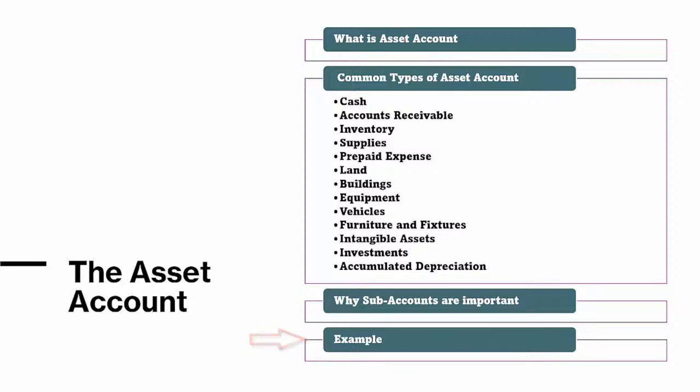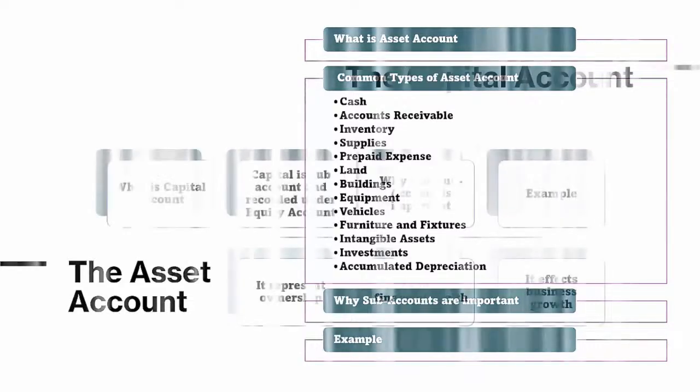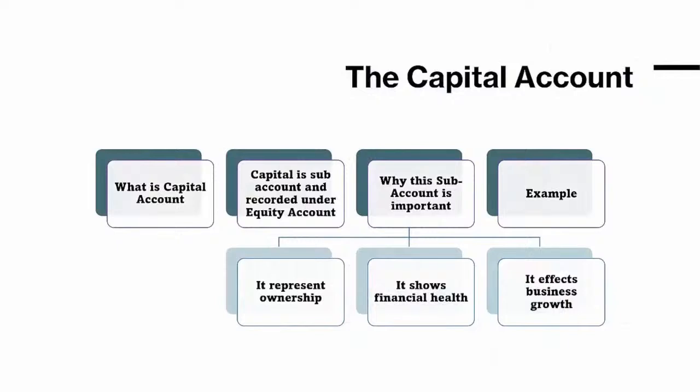Inventory represents goods to sell and earn revenue. Equipment helps in production and business operations. Understanding these sub-accounts gives us a clear picture of everything the business owns and how each asset supports the business's goals.